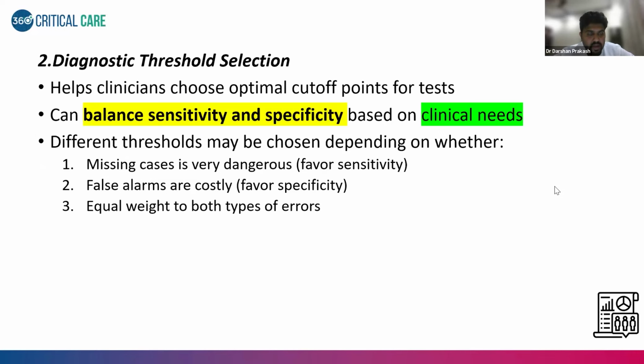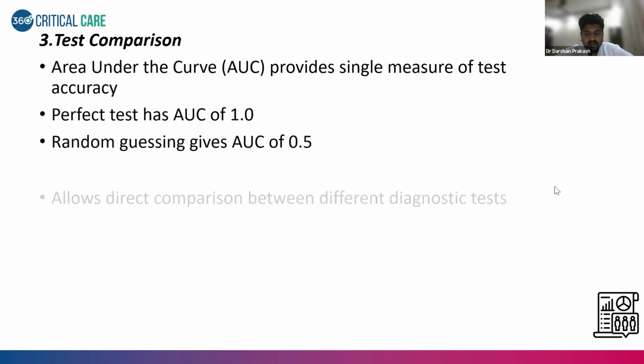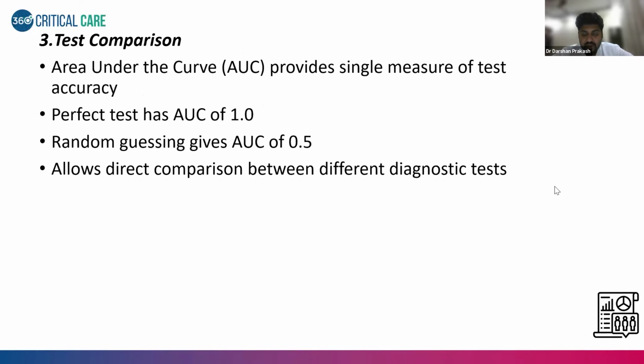The third important thing in the receiver operating curve is the test comparison. Usually, you need to check multiple areas under the curve. Probably for a test with a threshold of, say, 126, you can choose it between 130 and 150, and then see the curves. Based on these curves, you can analyze where they fall.